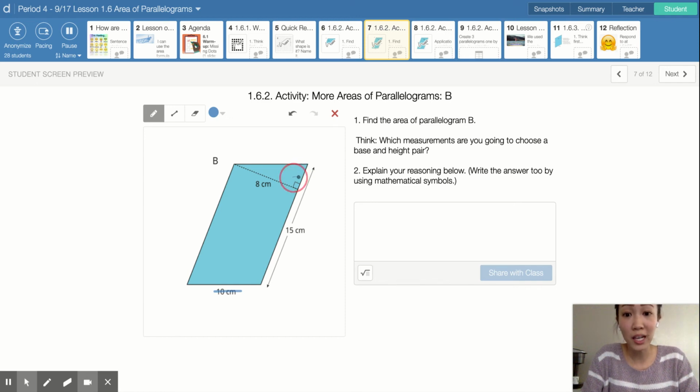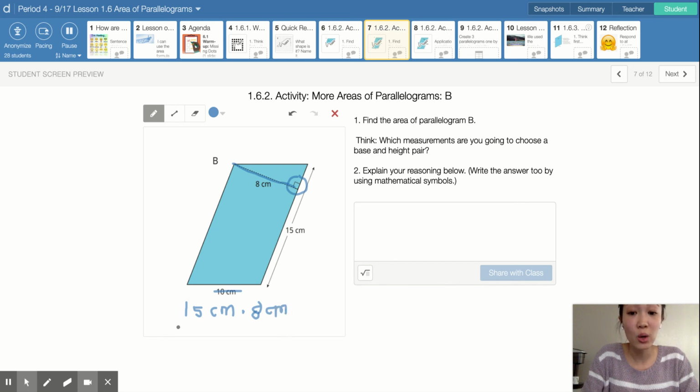Do I have anything that's perpendicular to my 15? Oh, when I'm looking at it, I see they have this little mark, which means it is perpendicular, and there's the height that is perpendicular to it. So I know my base is going to be 15 centimeters times my height, which is the thing that is perpendicular to it, which is 8 centimeters.